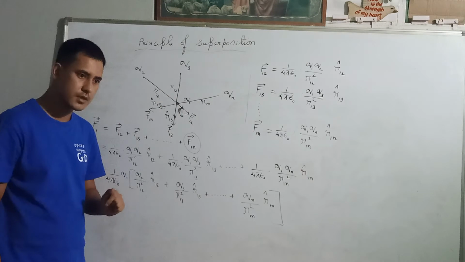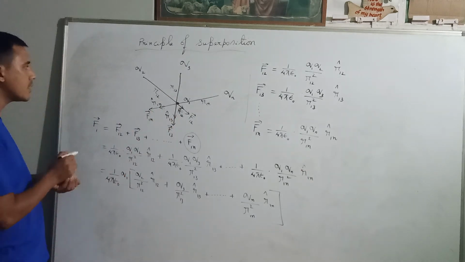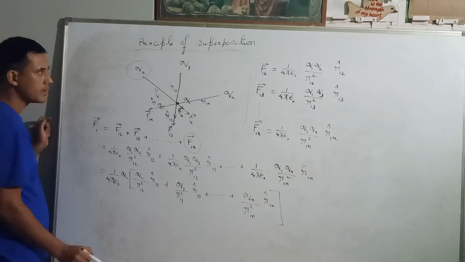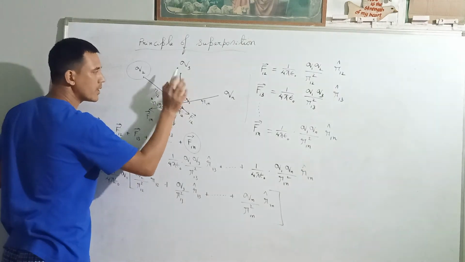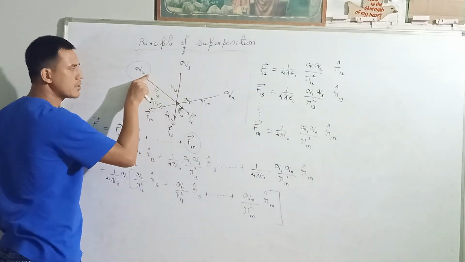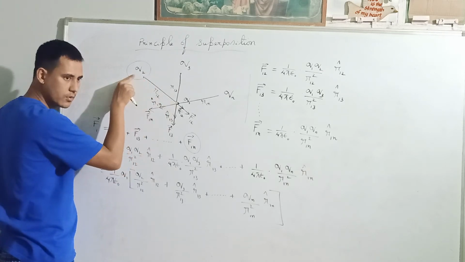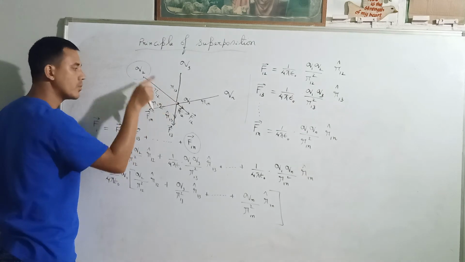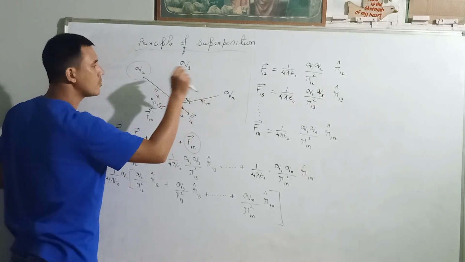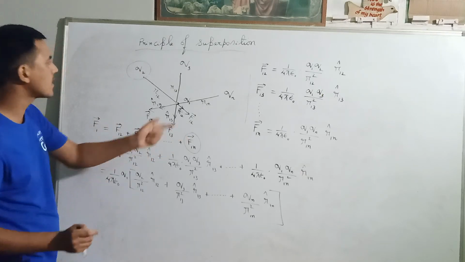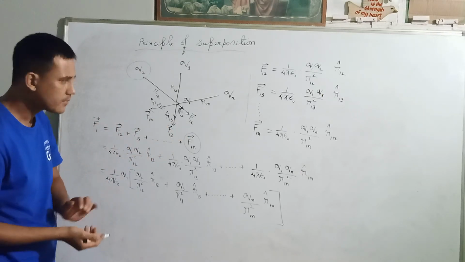So this expression gives you the total force that is exerted on charge Q1 due to all the other charges. Similarly, if you want to find out the total force on Q2, then Q1, Q3, Q4, up to Qn will exert an electrostatic force on Q2, and you need to find out the vector sum of all the individual forces.